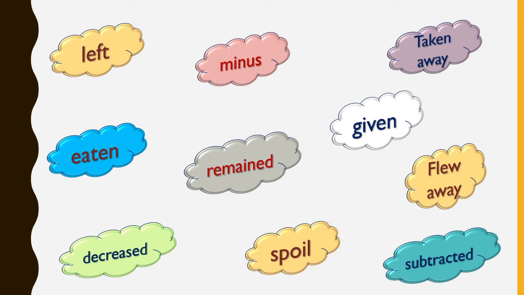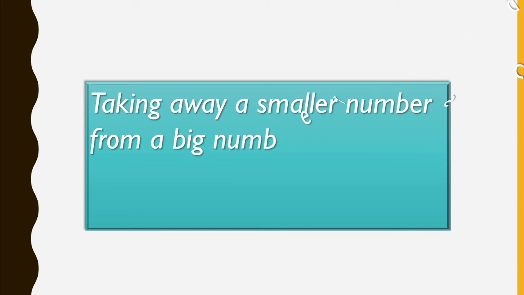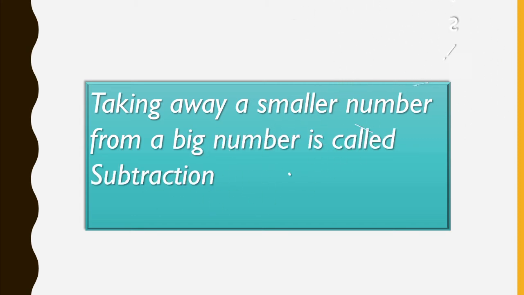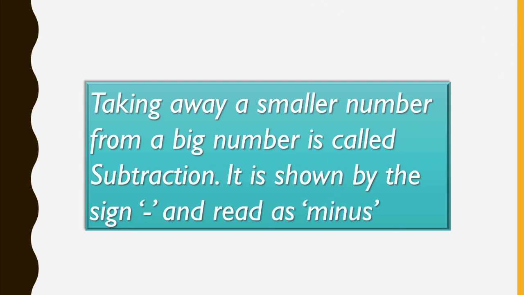Slowly, how we solve the examples, like that you will come to know the meaning of each and every word. Okay? Here we can write like this about the subtraction. Taking away a smaller number from a big number is called subtraction.